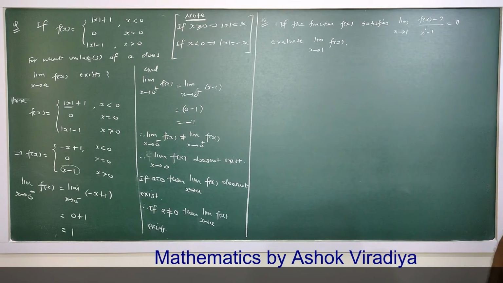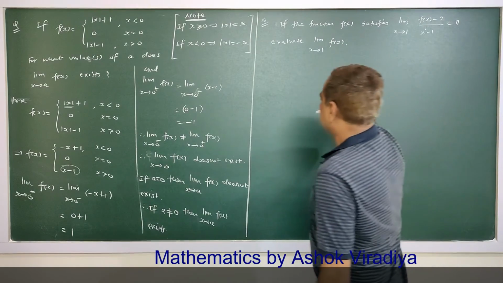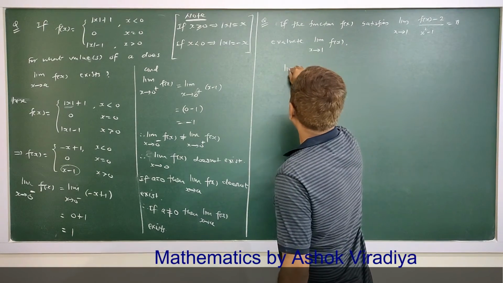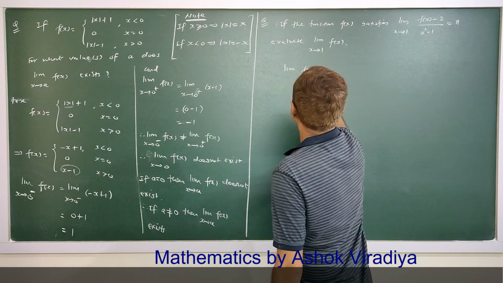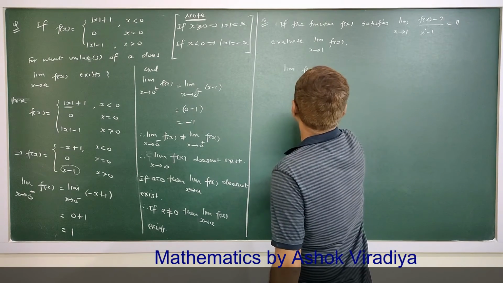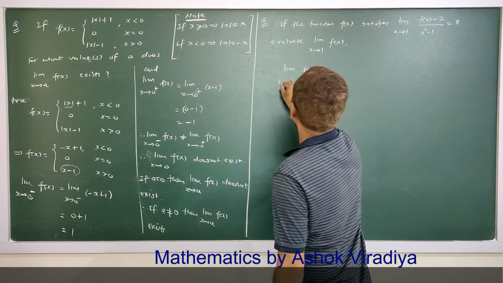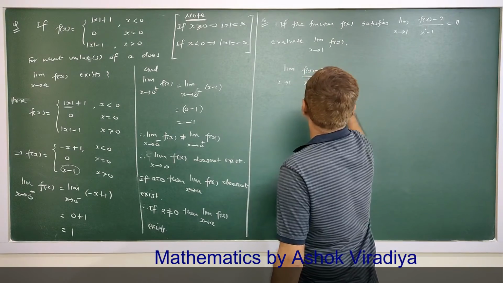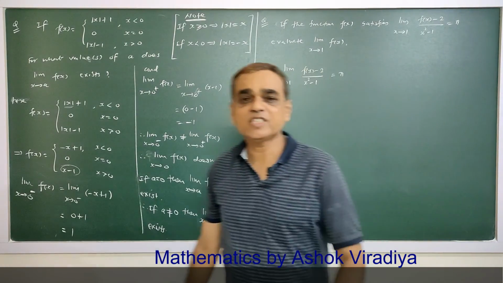Now here, say given that limit of (f(x) minus 2) upon (x square minus 2x) as x tends to 1 equals pi. This is given.